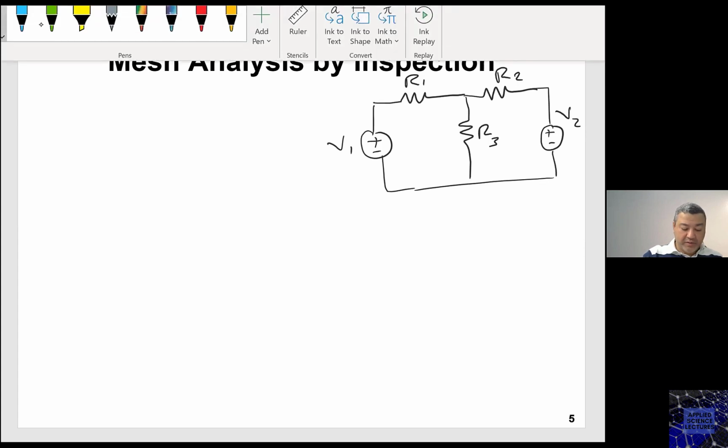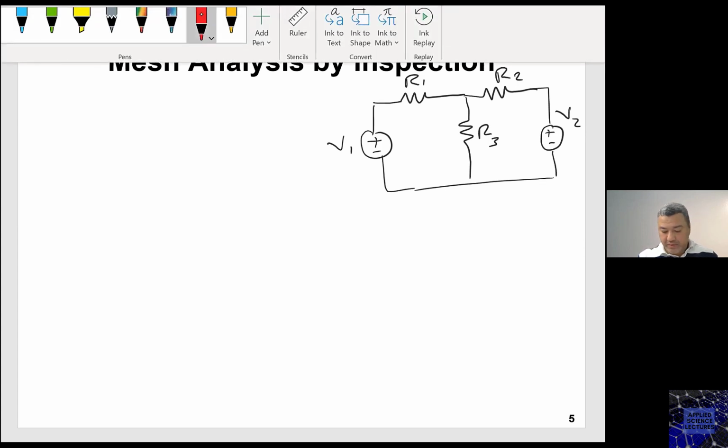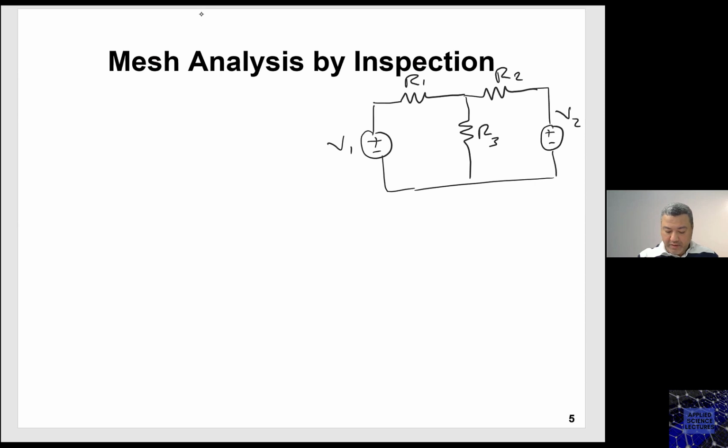Now I will give this one I1 and this one I2.